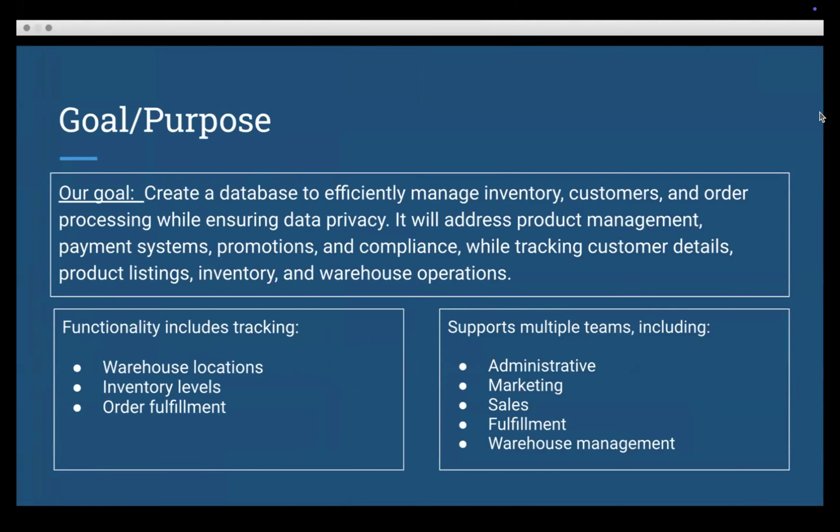I included some key functions we focused on, such as tracking warehouse locations and inventory labels. Our goal was to support multiple teams, such as administrative, marketing, and sales teams, which handle customer and product data, and then to also support fulfillment and warehouse management teams to ensure smooth inventory operations.